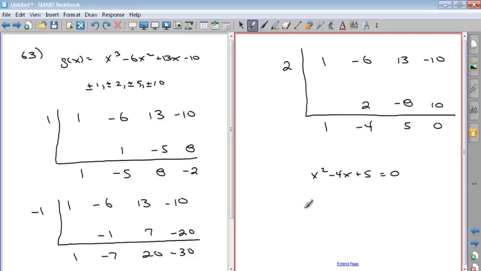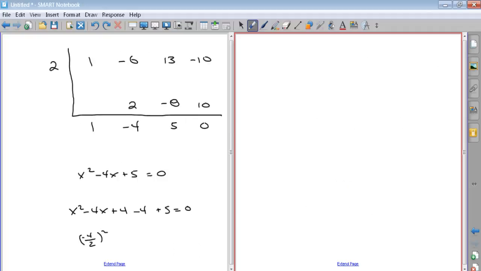So we use completing the square. So we take negative 4 divided by 2, we square it, which is going to be plus 4. And we have to subtract 4, and then we add the 5 that's from the previous step. So we add 4 and subtract 4. So this can be reduced down to x minus 2 squared plus 1 equals 0.